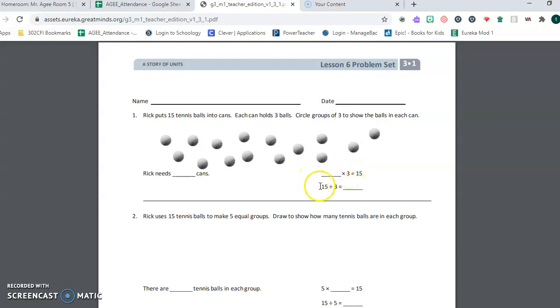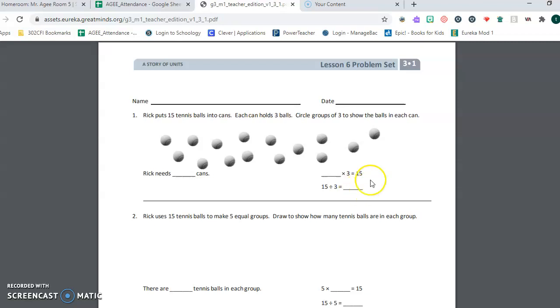Now, looking at division, they are related. It's a related process, so they call them inverse operations, which means they're opposites. And so multiplication, where we have a missing factor, that can be the answer in a division problem, and that has a special name. It's called a quotient. It's a Q word, so the answer to a division problem is called a quotient.